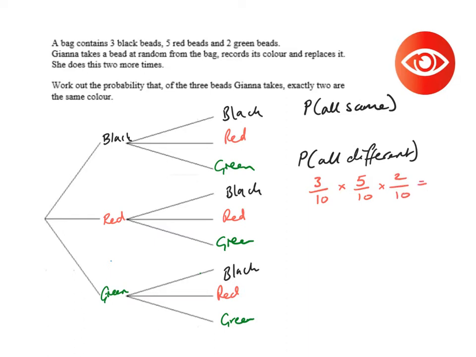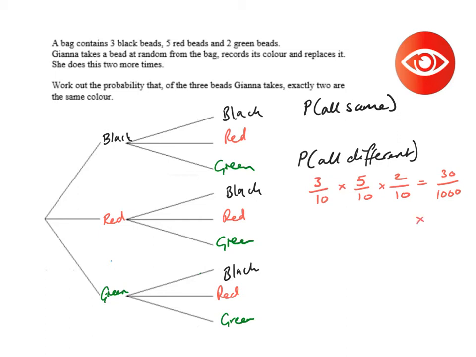Now because it's unconditional, it's nice and straightforward, we can just times them together. So that's going to give me 30 over 1000 for one lot of different answers. Now I can have black, green, red, black, red, green, so that's 2 options there.